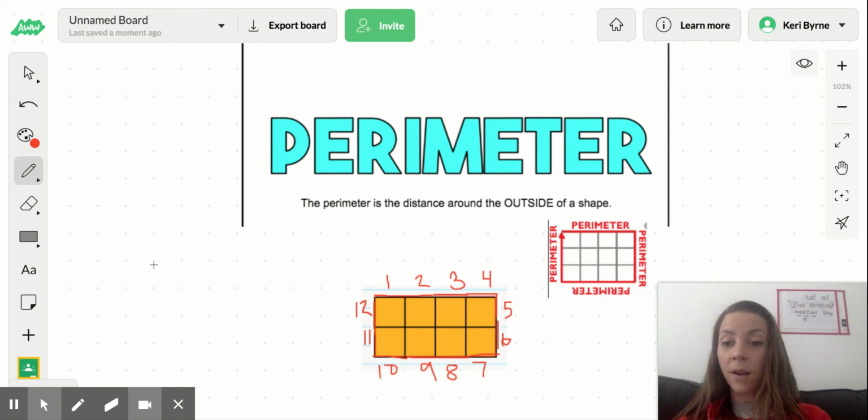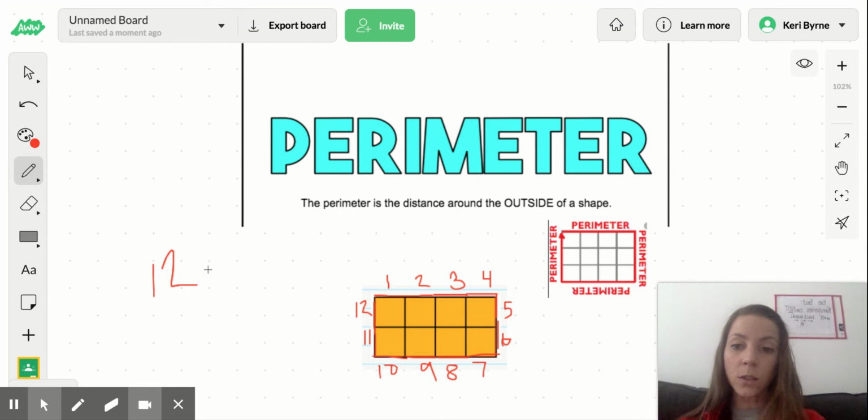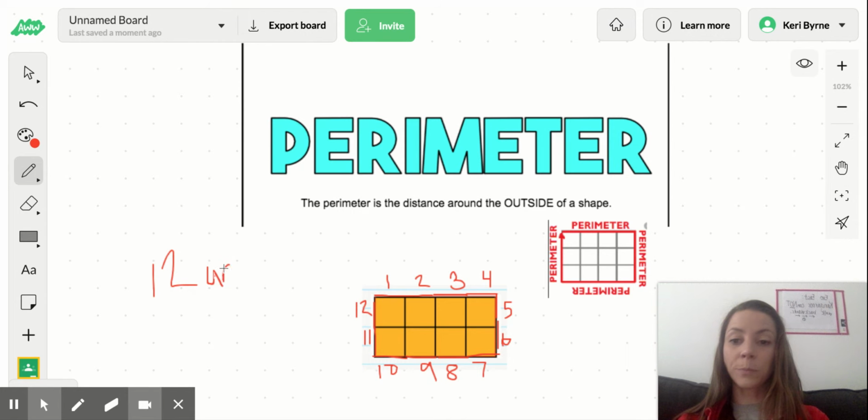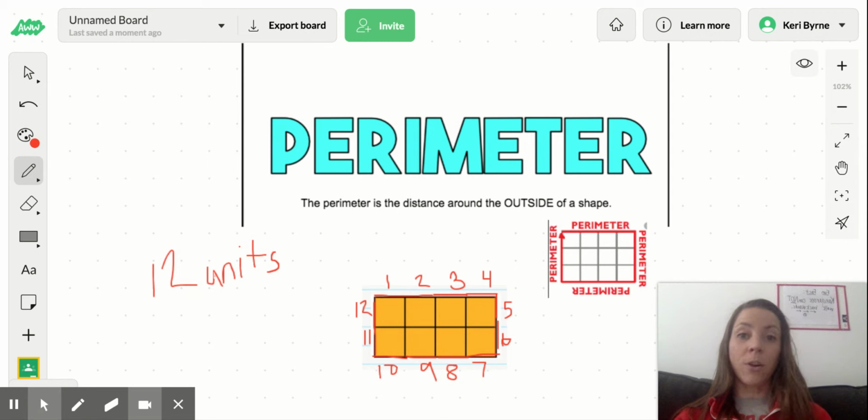And so our perimeter would be 12. And then we say a measurement. So this one, we don't know if they're inches or centimeters. They didn't tell us. So we would just say units is fine. So that's one way you can find the perimeter of any shape. Count each unit one at a time around the shapes.